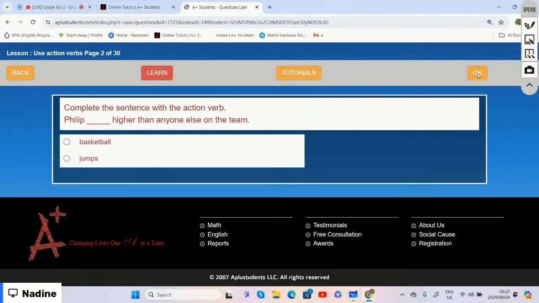Well done. Philip, do we say Philip basketball higher than anyone else on the team, or Philip jumps higher than anyone on the team? We need to choose the correct action verb.